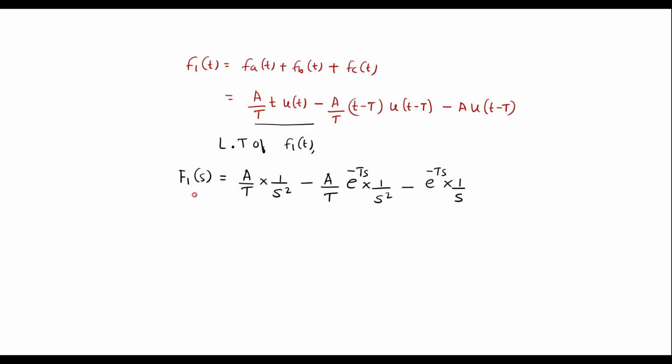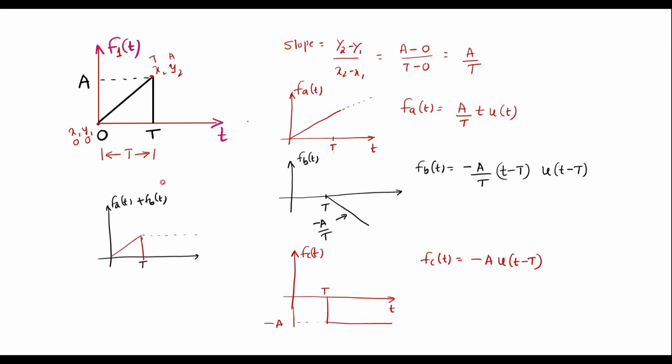Now to find the Laplace transform of the entire signal, F of s equals 1 upon 1 minus e power minus Ts into F1 of s. Here T is the period of the signal, so in this case the period of the signal is T itself. Therefore F of s is equal to 1 over 1 minus e power minus Ts into F1 of s.